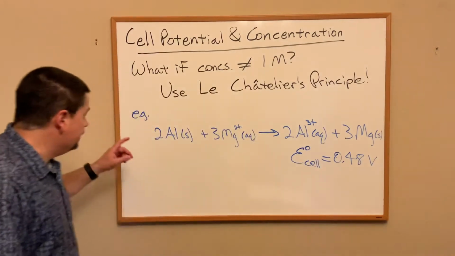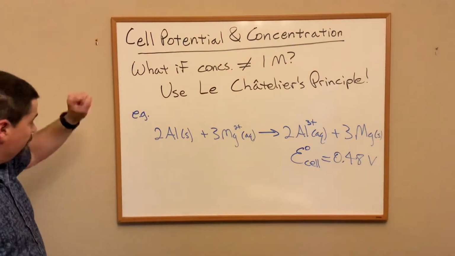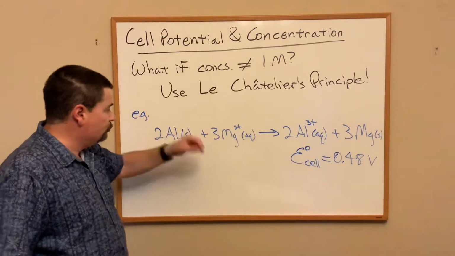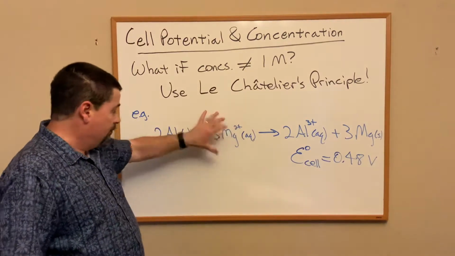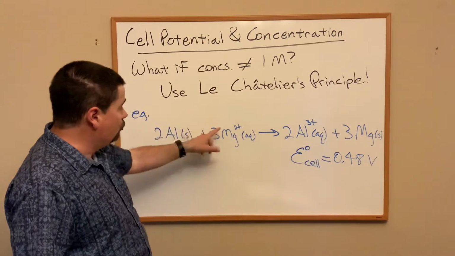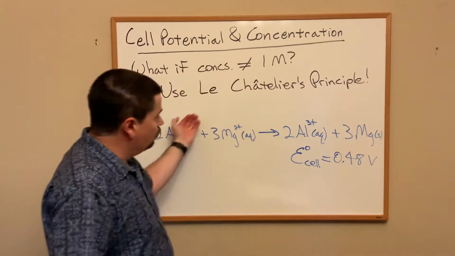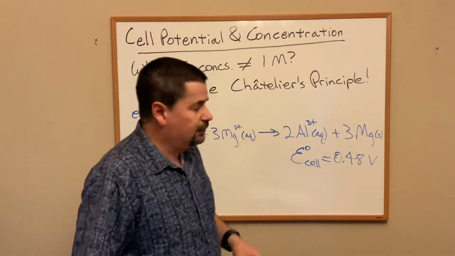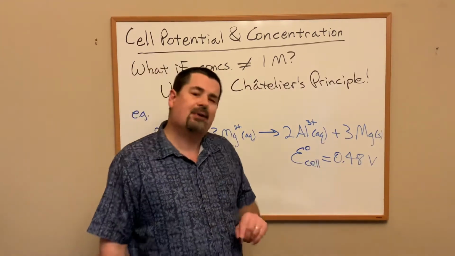Now, let's think about this for a minute. If we increase the amount of products, let's say our magnesium, then it's going to drive the reaction towards the reactants. Sorry, I just did that backwards, didn't I?